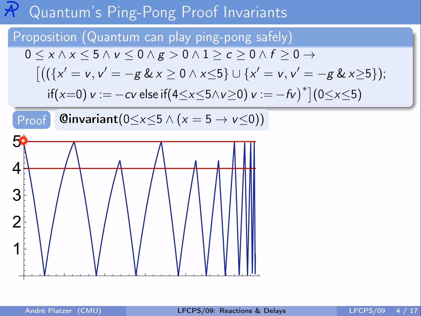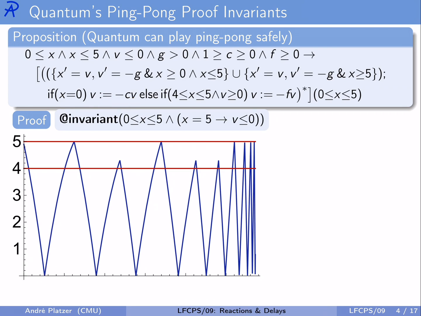It was starting somewhere between 0 and 5, initially going with velocity less or equal 0, some assumptions about parameters, and then the bouncing ball, which we call quantum, is falling according to these differential equations of lower physics and upper physics, after which an event-triggered controller, which is listening to these events, will take action and correspondingly flip the bouncing ball upwards again if it is on the ground by inverting the velocity.